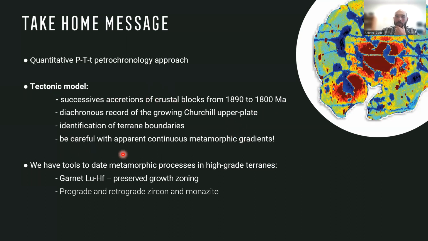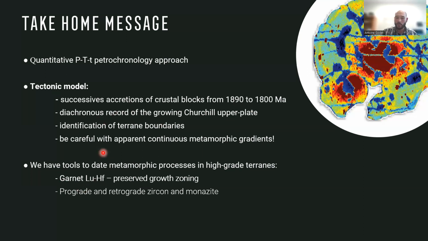And please be careful with apparent continuous metamorphic gradients. They need to be revisited, in my opinion, by using a quantitative metamorphic approach. Finally, when we are dealing with high-grade or heavily metamorphosed terrains, we can use different chronometers.